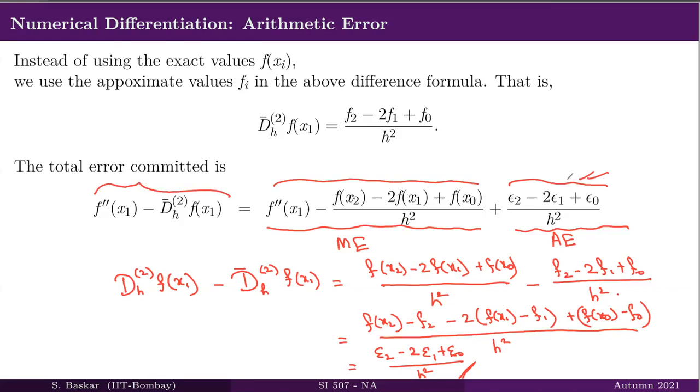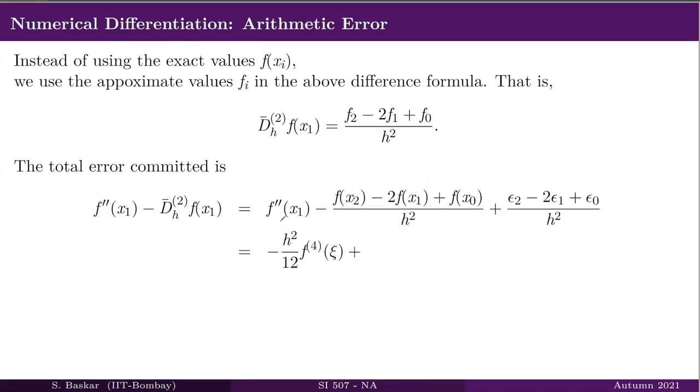Okay, now we know the expression for the mathematical error. We have just now derived it, and it is given by minus h square by 12 into fourth derivative of f evaluated at some unknown point psi, plus this expression for the arithmetic error.